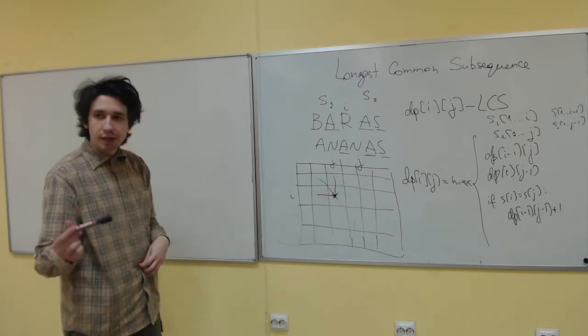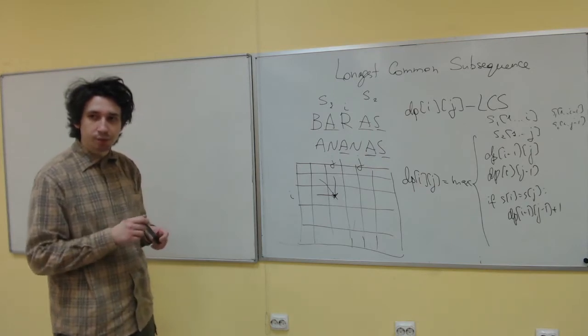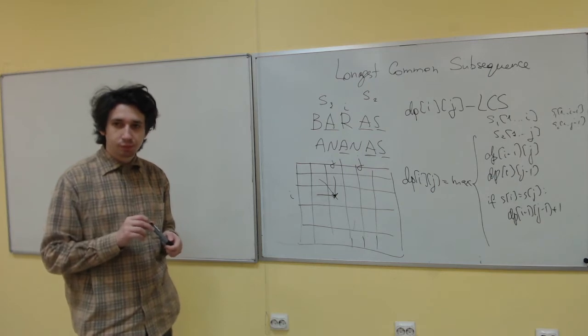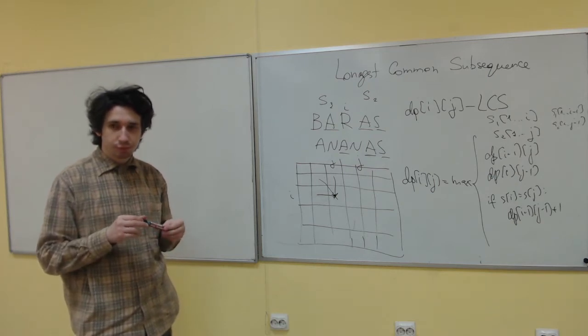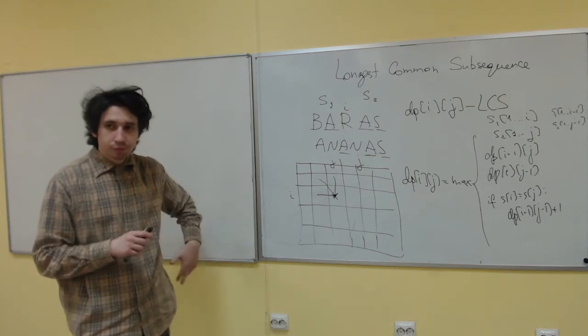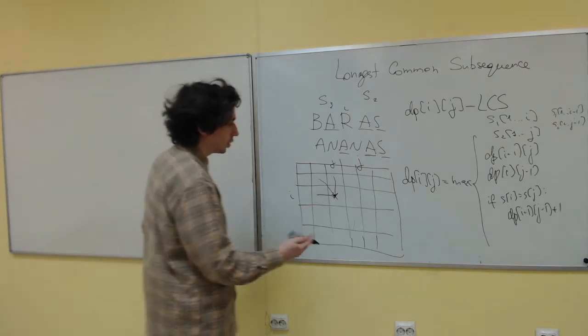Do you have any ideas how to restore an answer if we want to find the longest common subsequence itself? I think we should just get the last of the DPs. Well, the right bottom corner. Okay, this will be the answer.